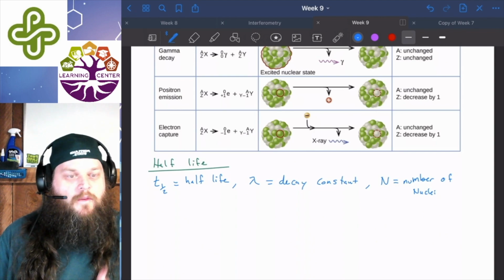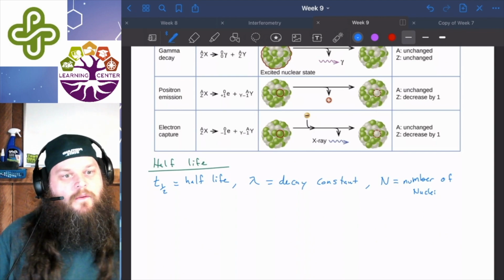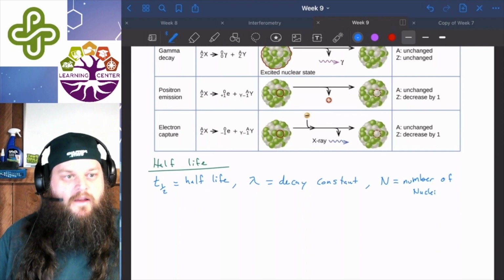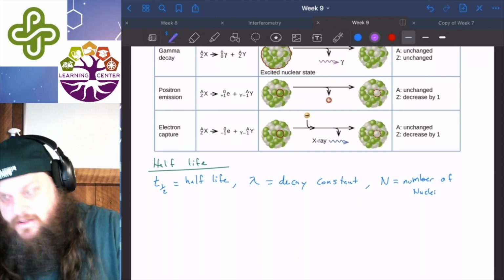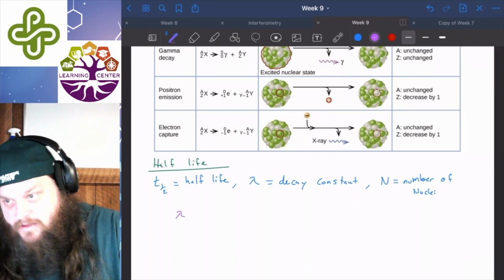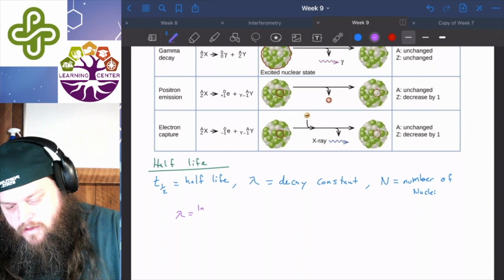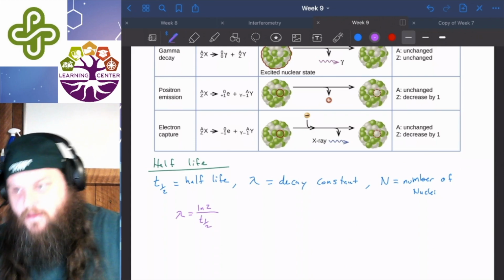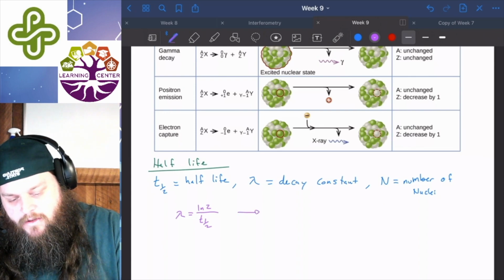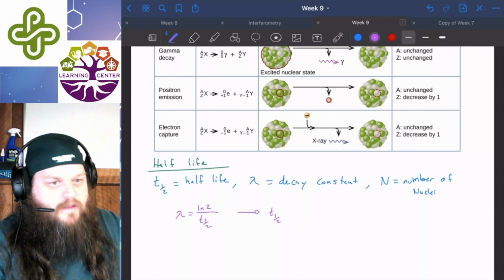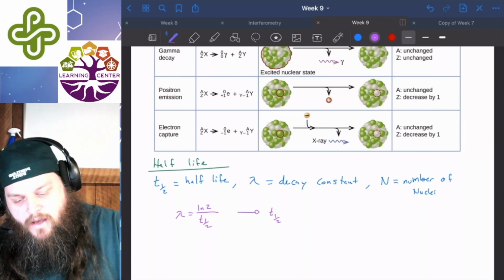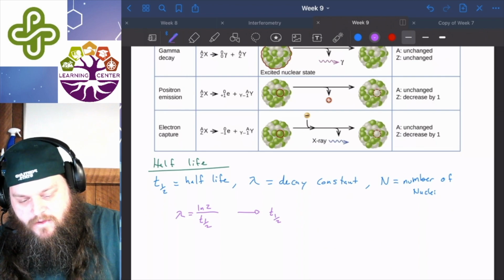We could then determine how many of those decayed based off of the half-life and the decay constant. There are some equations we can utilize here, where the decay constant is equal to the natural log of 2 divided by the half-life. And we can rearrange that if we wanted to solve for the half-life. Because sometimes we know the half-life, sometimes we know the decay constant, but there's an inverse proportionality to them. So we can easily solve from one to the other.